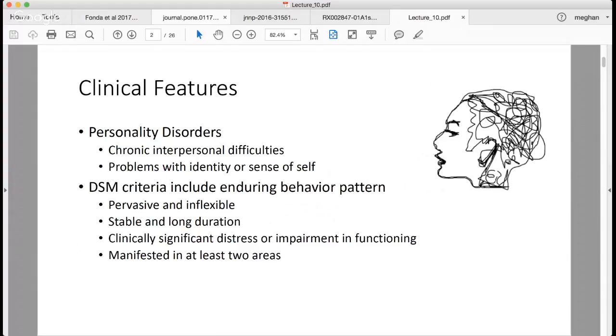A lot of these disorders develop later in childhood or early in adolescence, and last throughout the lifespan. It must also cause either clinically significant distress or impairment in functioning and be manifested in at least 2 of the following areas: cognition, affectivity, interpersonal functioning, or impulse control.